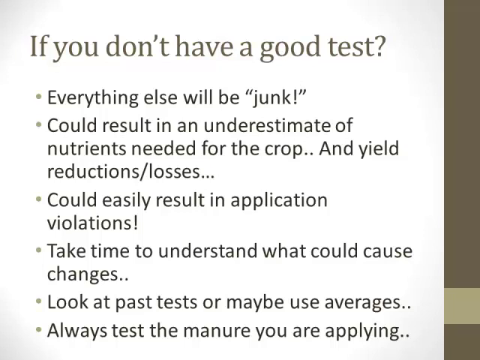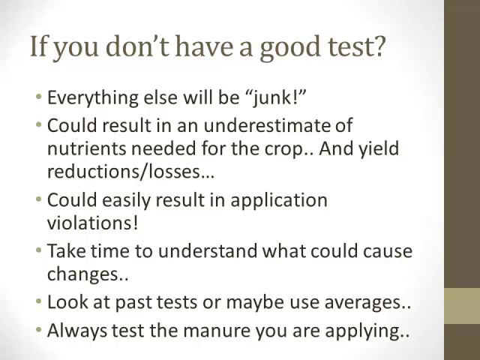Take time to look at what might cause changes in what you are applying. That might be more rainfall than usual. It might be a drought. It might be the fact that the pit wasn't agitated properly, so you're getting 2 or 3 years of manure in one application by agitating it properly. Look at, like I said, past tests.